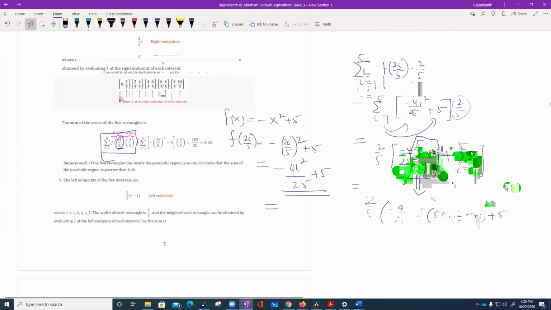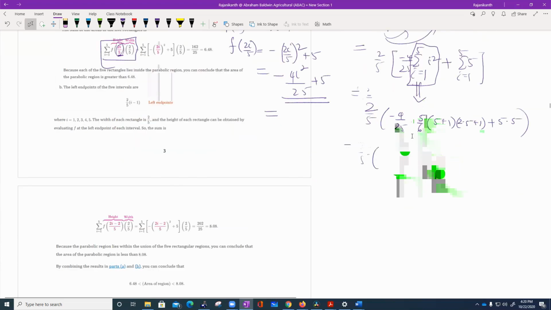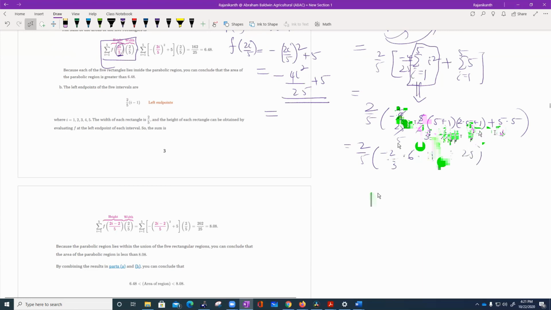Summation i from 1 to 5 of 5 is simply 5, right? So that is, the 5 and 1, 5 I could cancel, right? And this is 2, this is 3. So you will get negative 2 thirds here. And here you will get 6, 5 plus 1 is 6. Times here you will get 11, right? Plus here you will get 25. Now simplify this, you will get that answer.